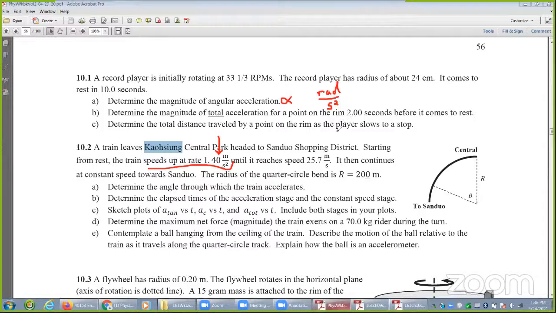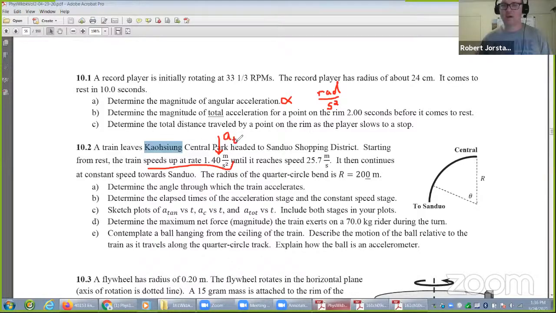Which one? It's A tangential, not the total. Remember that A tangential talks about the change in your rate of speed. So if you're moving tangent to the circle and you speed up, that's a component of acceleration tangent to that. Okay, good. So we know A tangential.